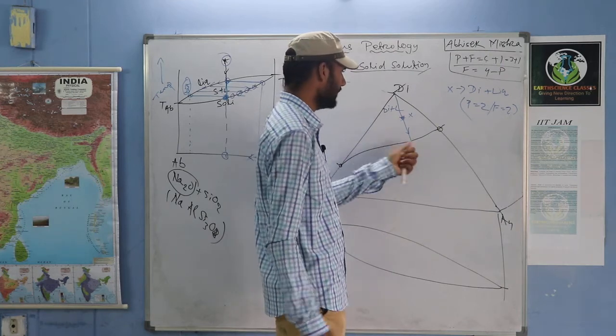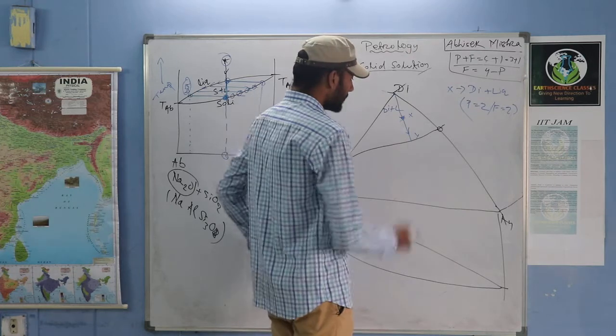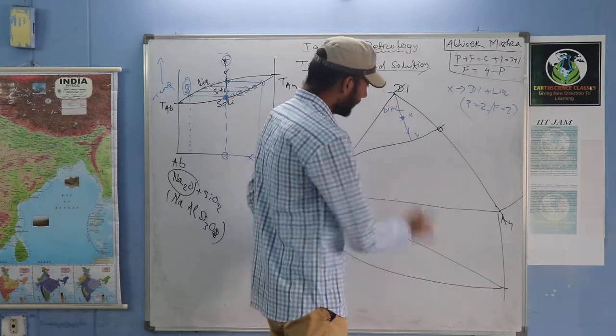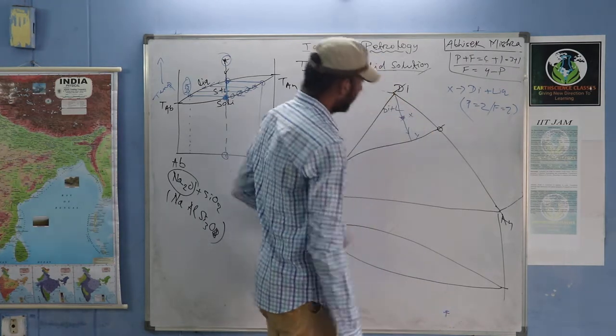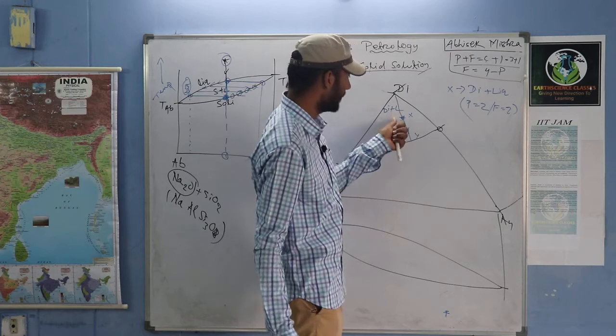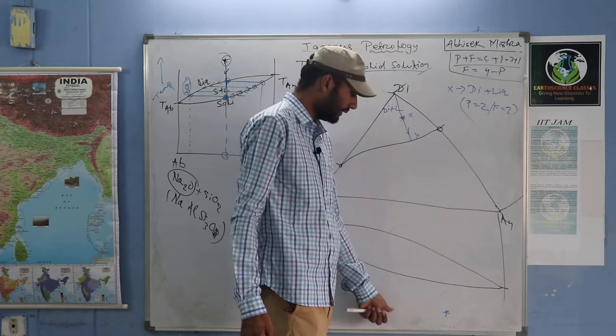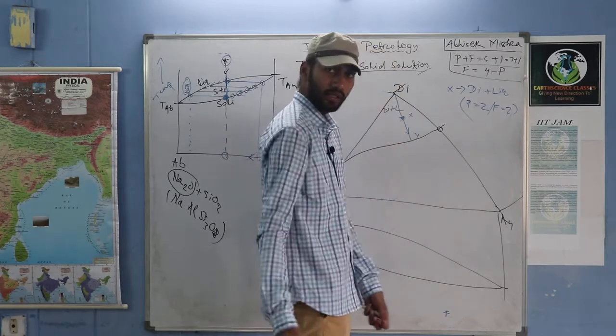Let's say x2, this is y. So at y, what will happen? It is the same as taking any composition here. In binary, forget about diopside; in ternary, I am including diopside. In binary, let's say this is the initial composition, this is y. So I have taken a composition here, right?